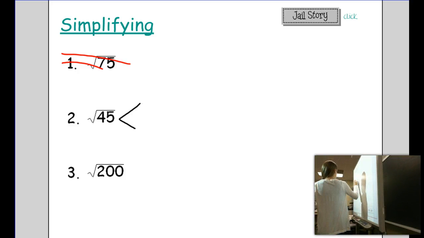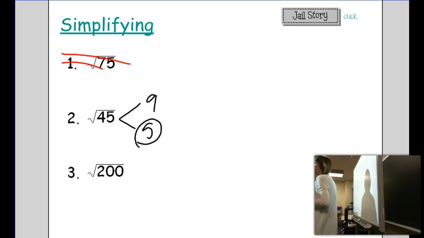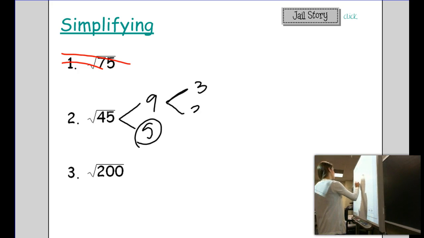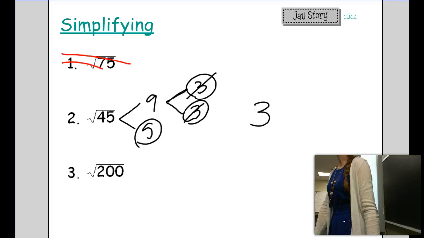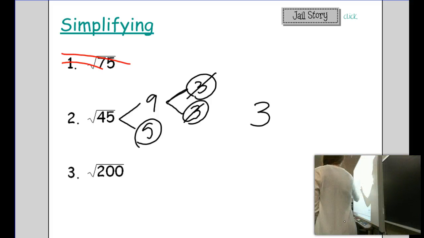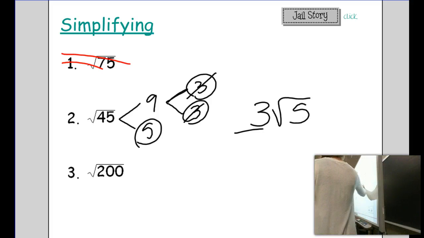Because there's different things that multiply to get 45. 5 is prime, so I circled it. 9 is 3 times 3. So Brett, what's your final answer on number 2? 3 root 5. The 3 found a twin. So the 3 escapes. And the 5 again is left all alone.